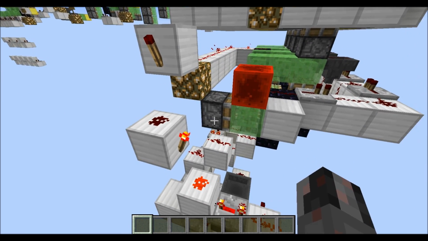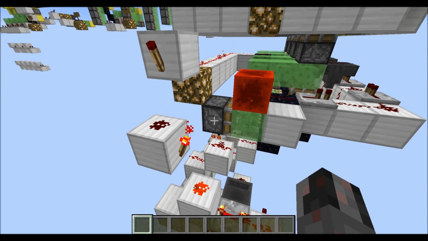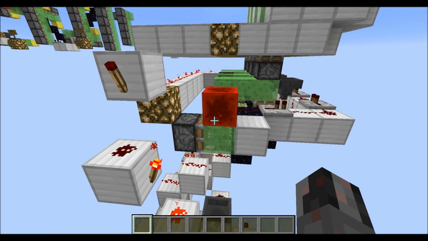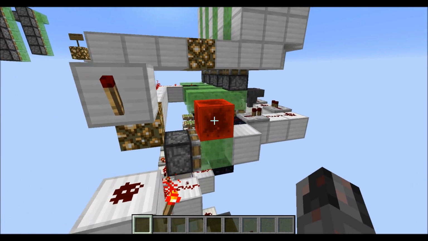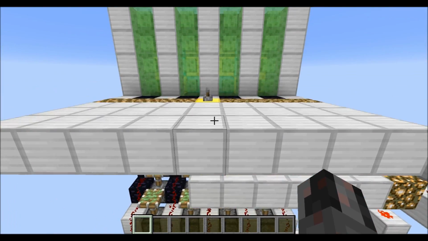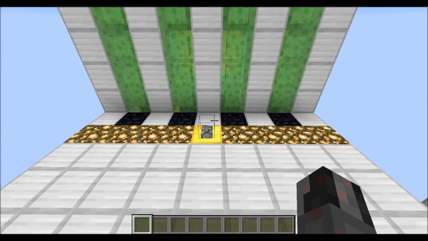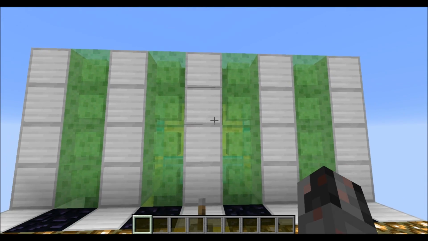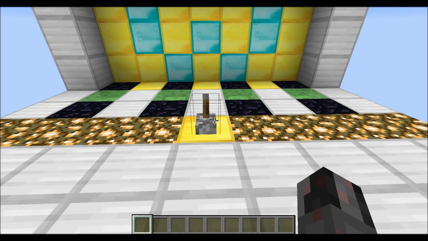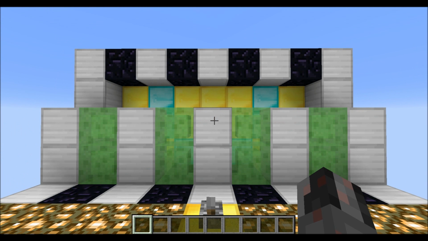And then I'm using this torch here basically to give the entire thing the very first pulse in our pulse sequence. And the rest is just a relocation of a lever up to here. And that's basically the entire thing in a nutshell.